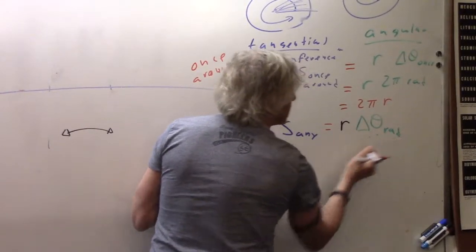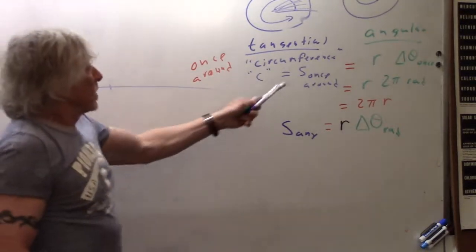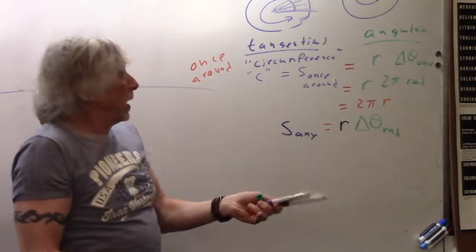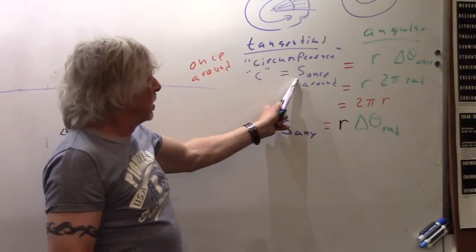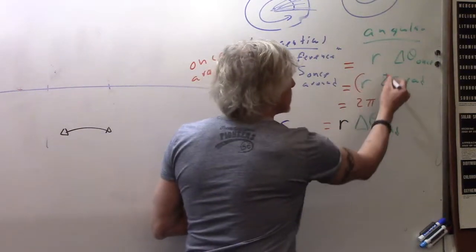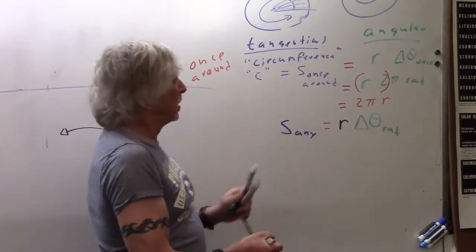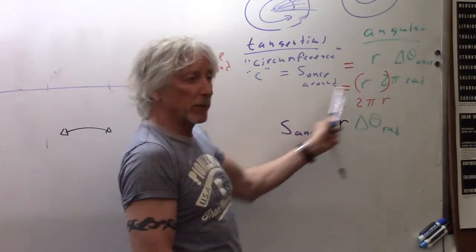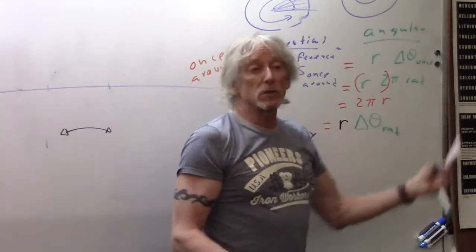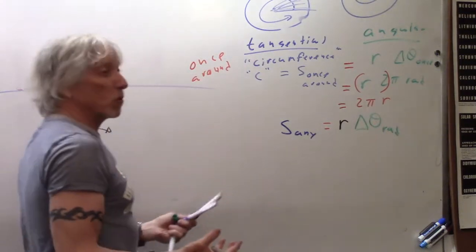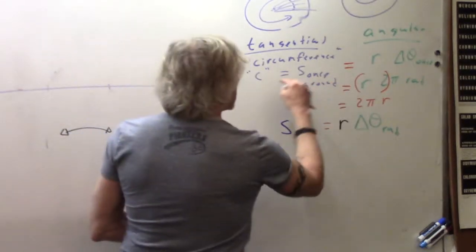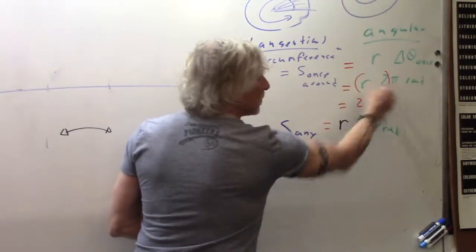In radians. It's only true because if you take a string, measure the circumference of any circle, then take that string and measure the diameter, which is this. That's the diameter, isn't it? Take the circumference, divide by the diameter, and you should get something close to pi. How close you get to pi depends on your measurement technique. The circumference divided by the diameter is a little more than 3.